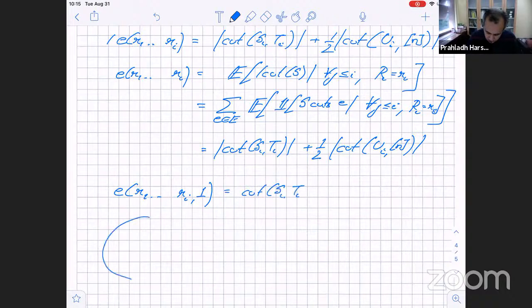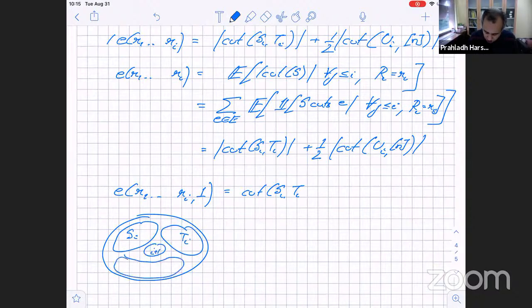So let me draw the picture again. You have SI, you have TI, and now, sorry, they don't overlap. This is a long picture. This SI, this TI, and then this remaining UI. Now you're going to determine where the I plus first vertex goes, and then there's a remaining UI plus 1. You're going to decide by tossing the coin, heads or tails, whether to put the vertex into the cut or outside the cut.